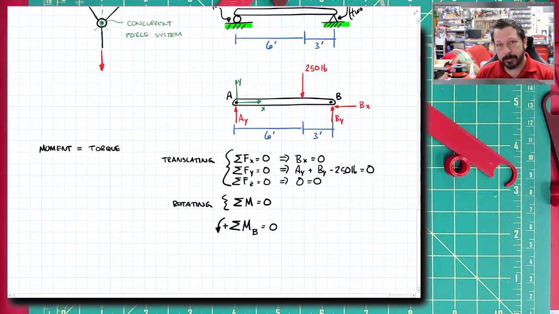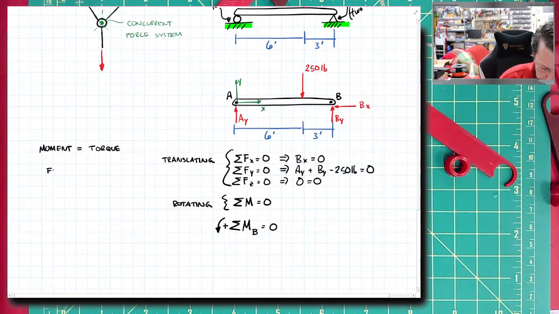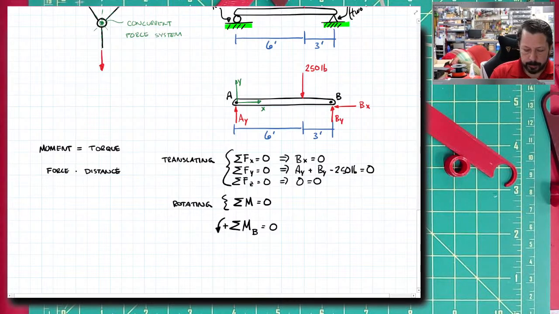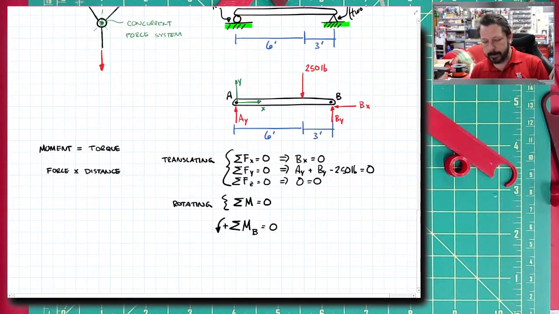And we use moment for everything else. They're the same thing, though. They are both a force times a distance. And maybe I should write the times this way because it's more like a cross product.